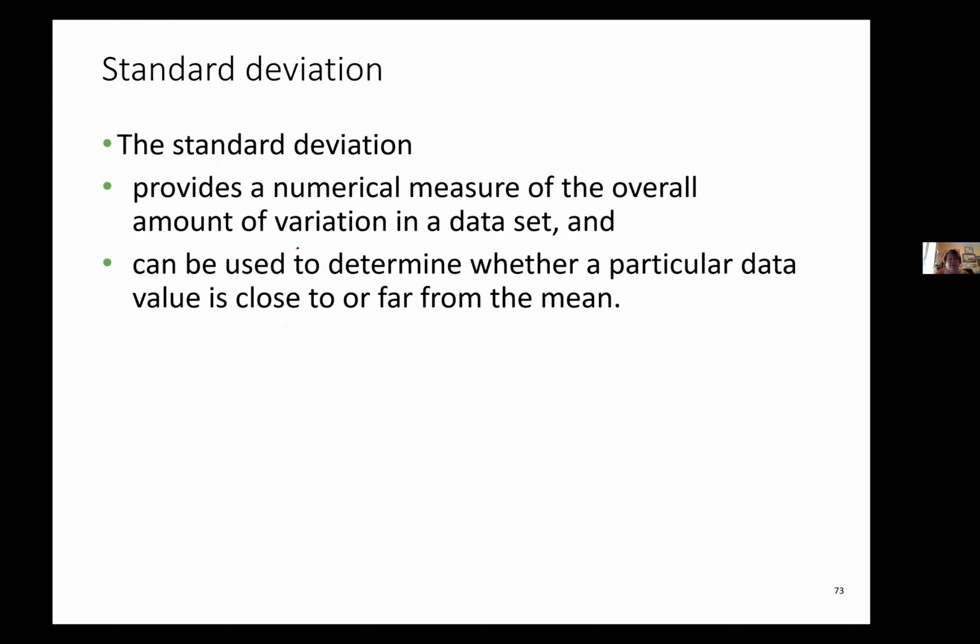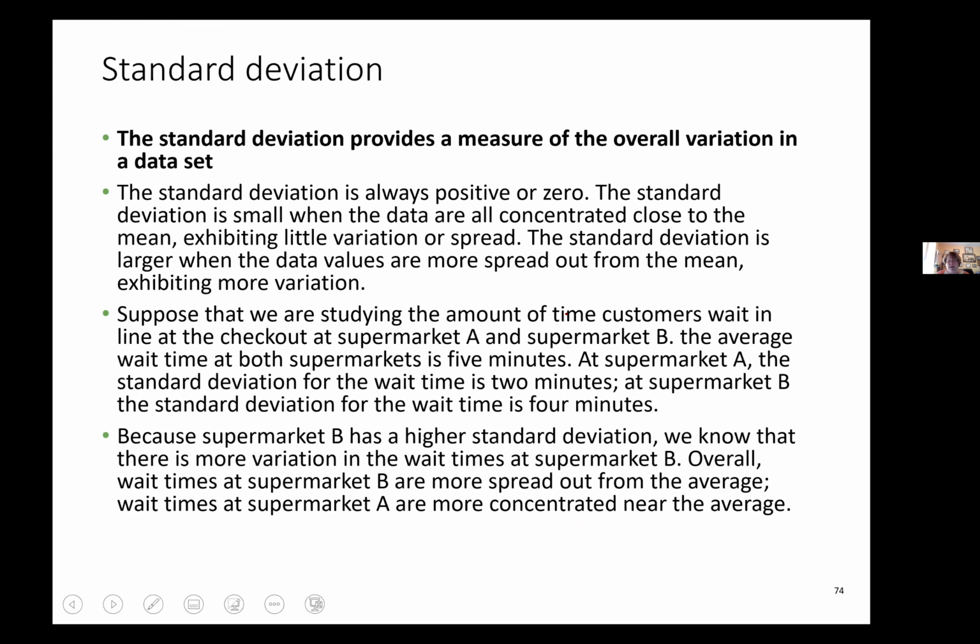Next, the standard deviation provides a numerical measure of the overall amount of variation in a data set and can be used to determine whether a particular data value is close to or far from the mean. The standard deviation is always positive or 0.